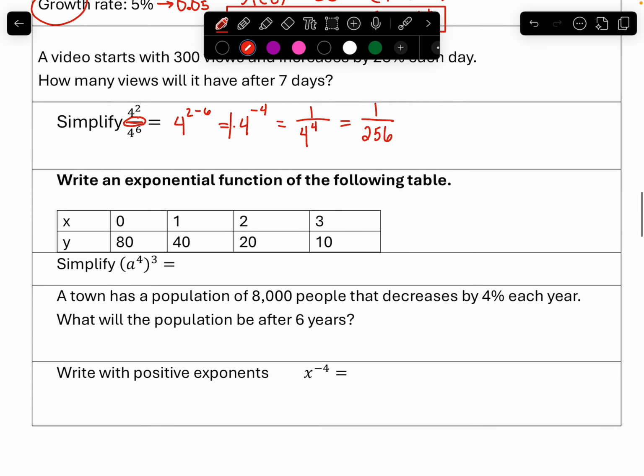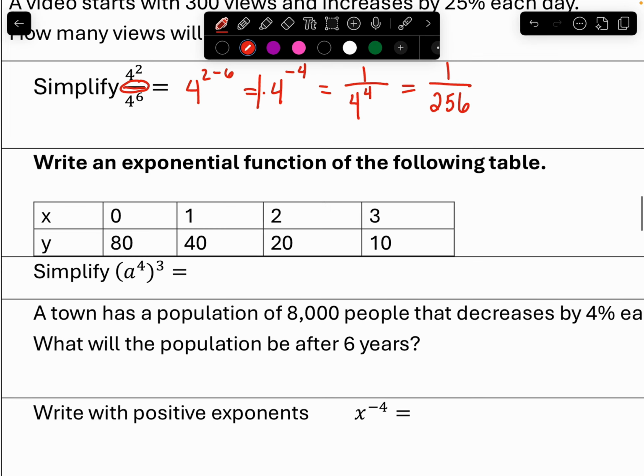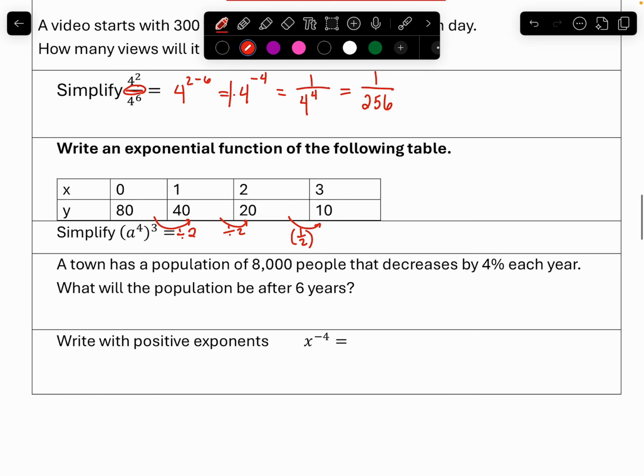Now we're going to do this one. We are dividing by 2, but I do not want to see a division symbol, use a fraction. We will use 1/2. We are multiplying by 1/2, so my formula is f of x equals a times b to the x. My a is my first number, which is 80, not 0.